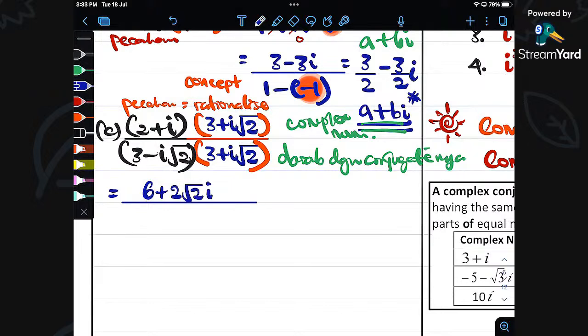Jangan terlupa huruf i. And then i times with 3 is 3i. And then plus with i squared. Jangan lupa kita ada i squared times with 2. So di bawah ni pula dia akan jadi 9 minus i squared times 2.